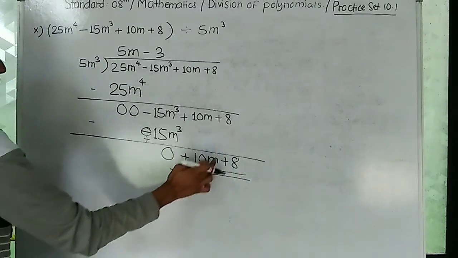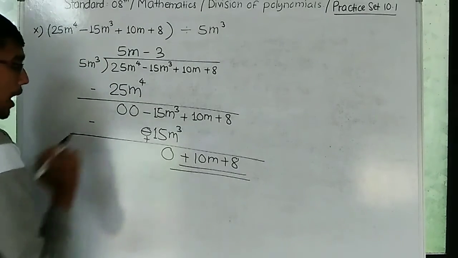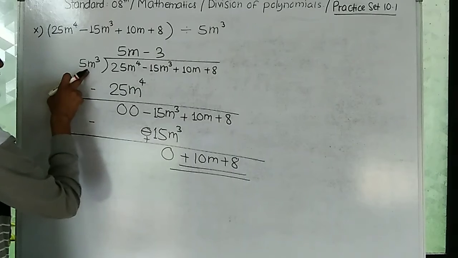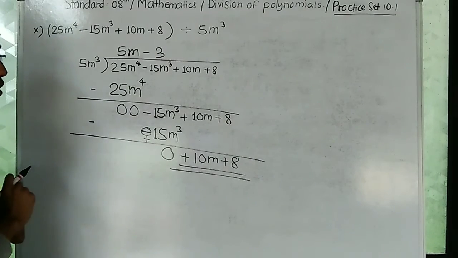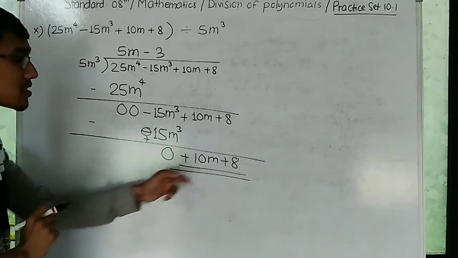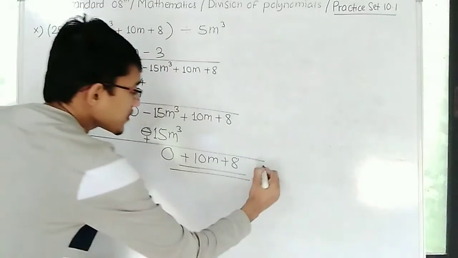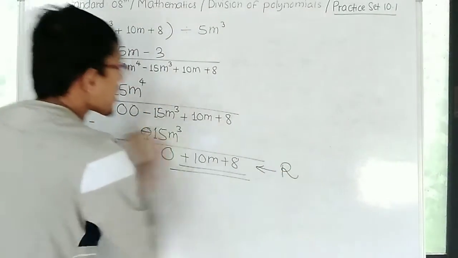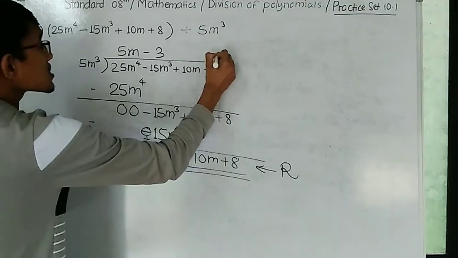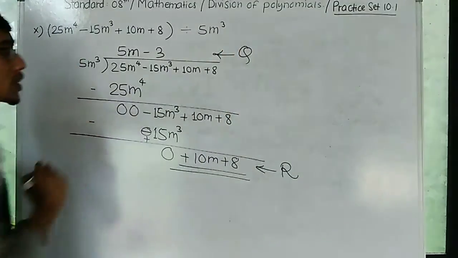Okay, now here you can see the maximum power or the degree is 1 and the degree of the divisor is 3. So we are not going to further divide this term. Okay, so this will be my remainder, and 5m minus 3 is going to be my quotient.